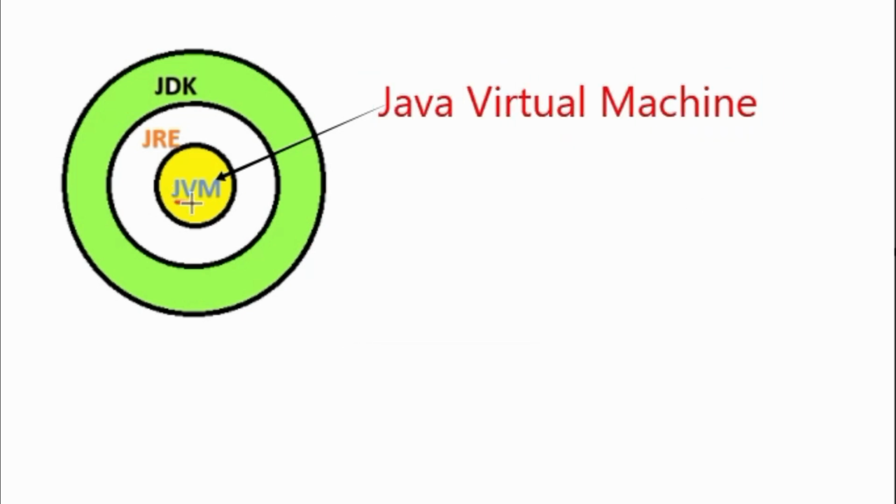Now let's move to the next part, which is JVM, Java Virtual Machine. This is the heart of the entire Java platform. JVM is inside JRE. It's the actual engine that runs your bytecode. JVM does three main jobs.